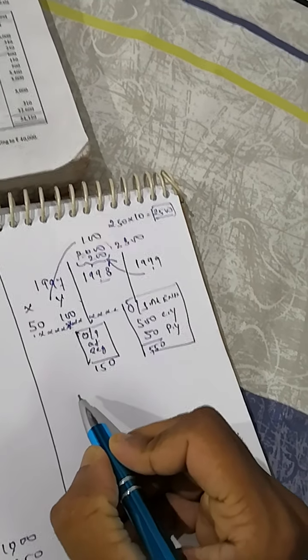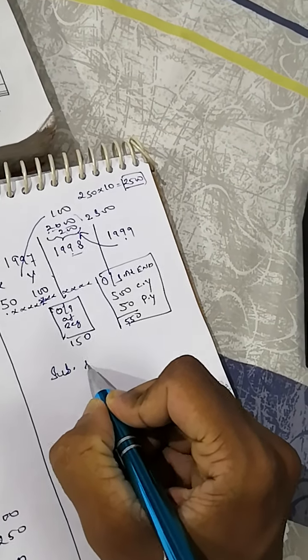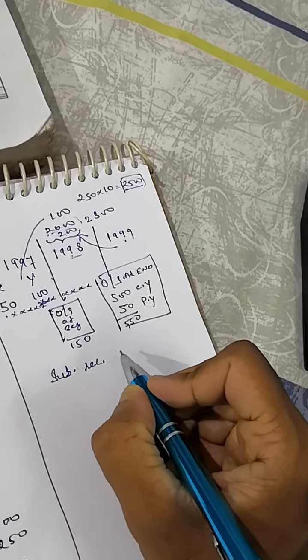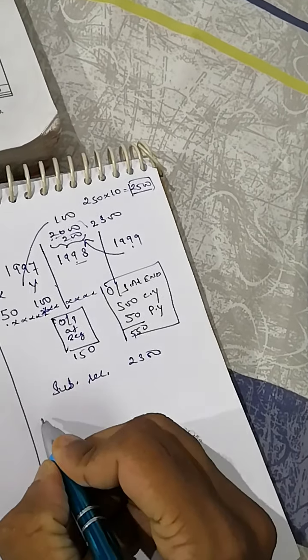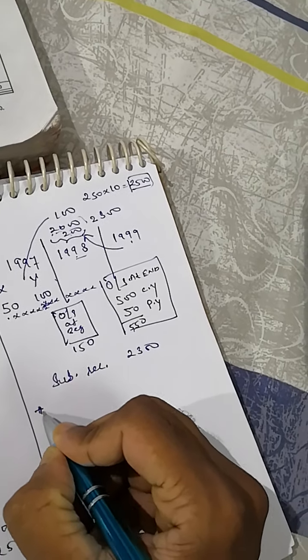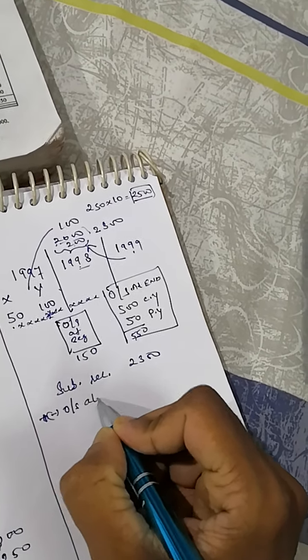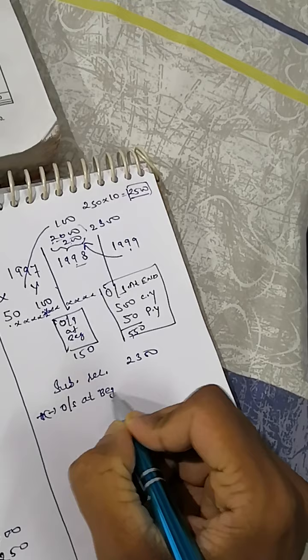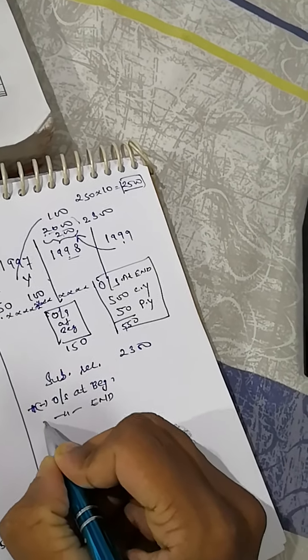So while calculating, we can take the formula: subscription received is 2300, and plus, oh, sorry, minus, first we will take the beginning for the sequence, outstanding at beginning, outstanding at end.